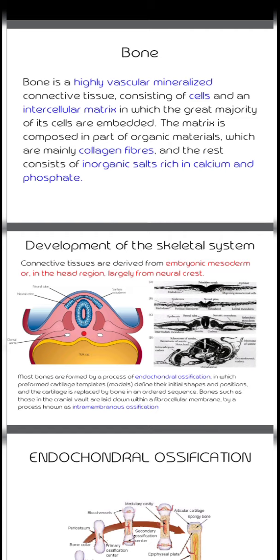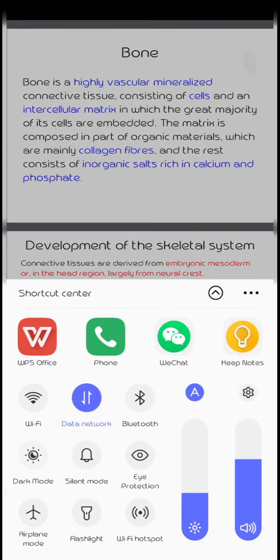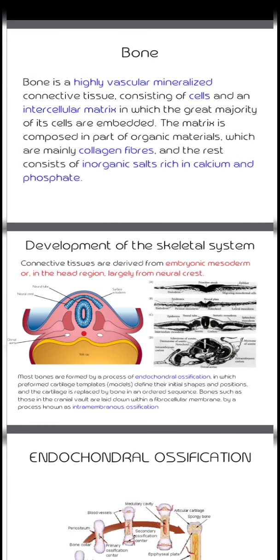Intercellular matrix is a very important part of the bone. The cells are woven in between the intercellular matrix, and as we know, bone serves a very, very important function, that is providing stability to our body, providing the skeletal system for our body.